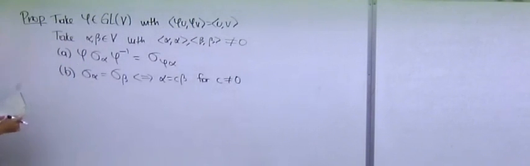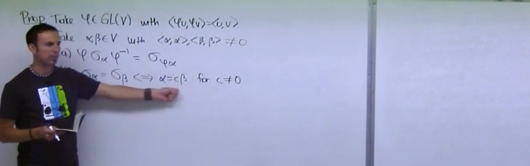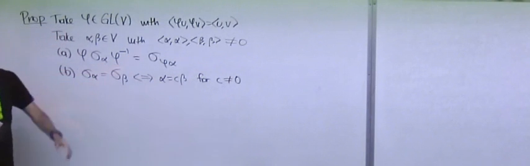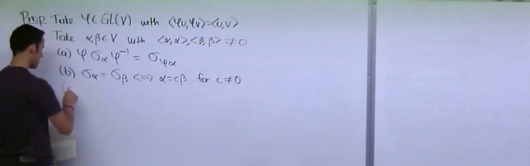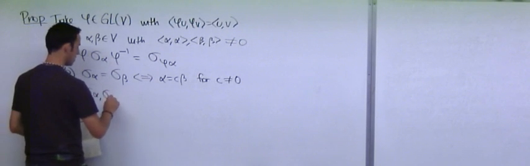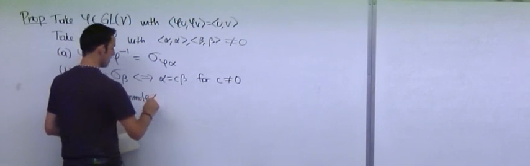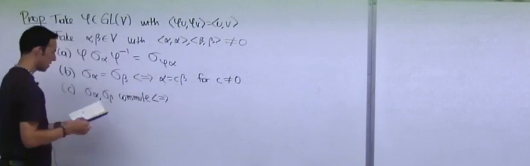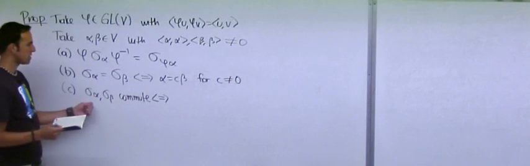Okay. Now, this direction is clear, but this direction is maybe not so clear because we don't know what properties this strange inner product might have. Okay. And finally, sigma alpha and sigma beta commute if and only if. Again, there's two ways in which these could commute.